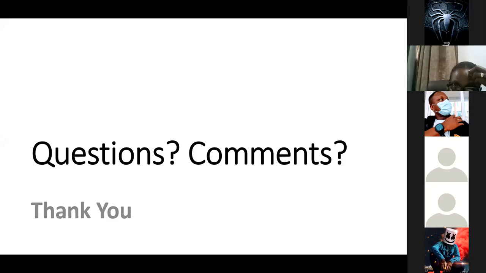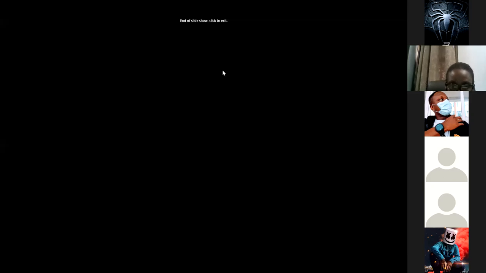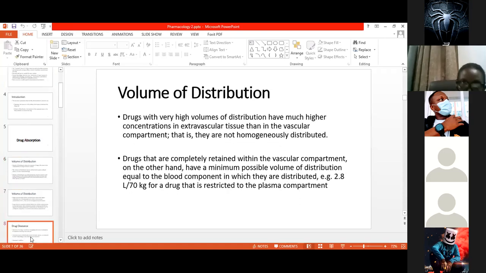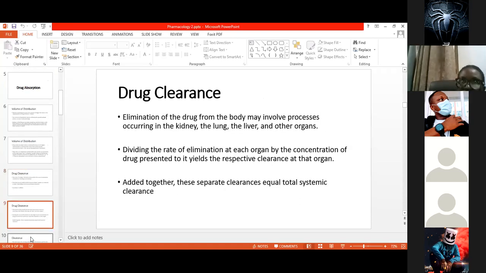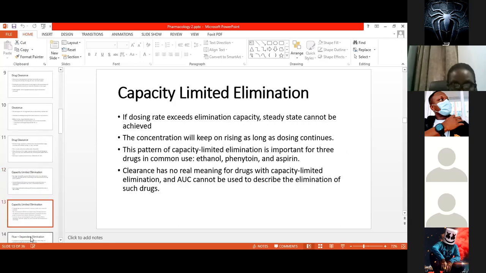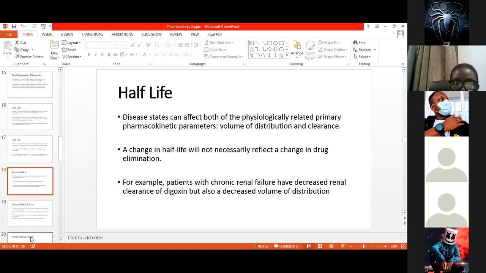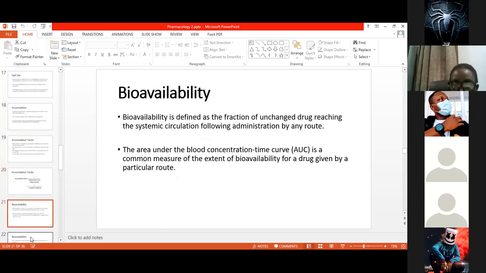When you take the medication orally, for example, it is absorbed in the gut and goes to the portal vein. From the portal vein, it goes to the liver. When it comes to the liver, the liver will eliminate some of the medication, and that is what we call the first pass elimination.